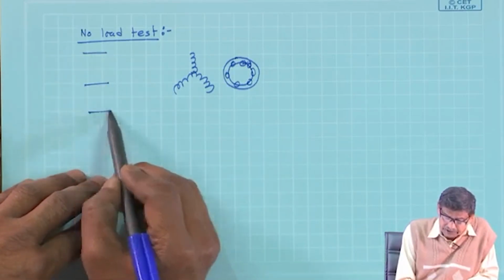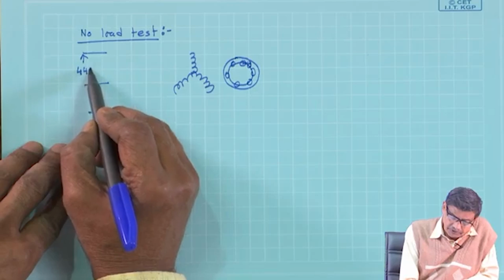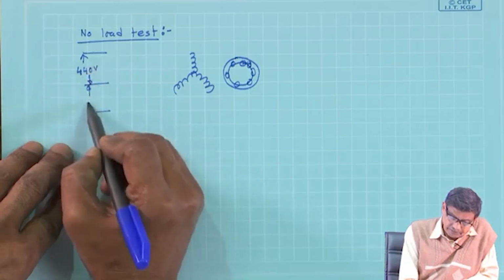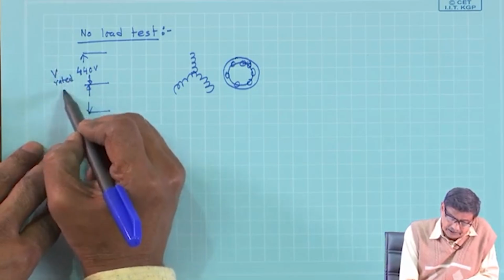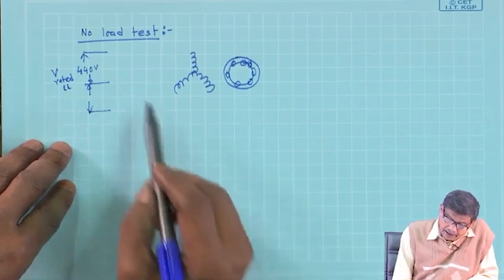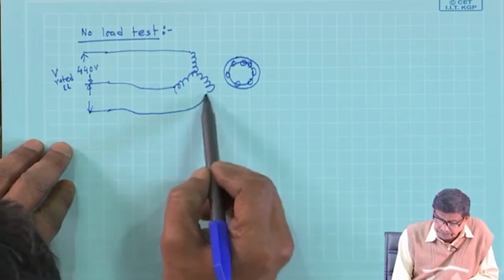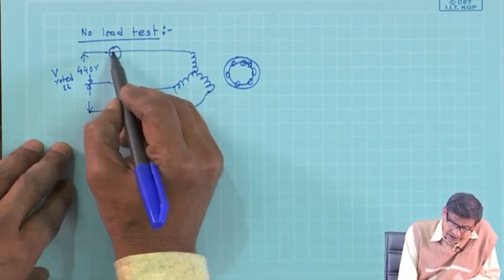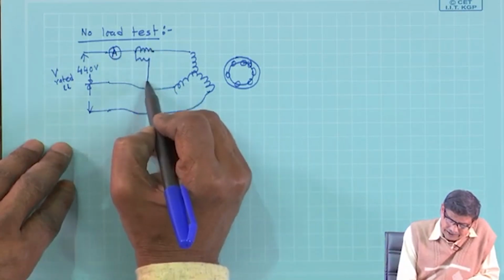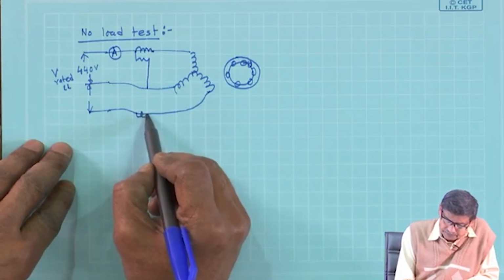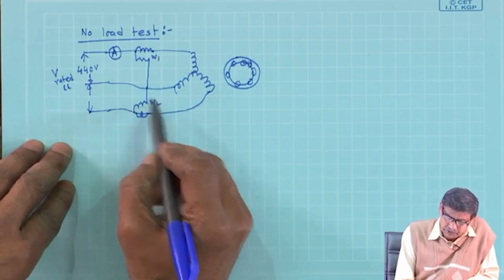Under no load condition, you apply the full rated voltage, that is 440 volt line to line, V rated line to line, and give supply to this, and record the ammeter reading, and connect two wattmeters, and W1 plus W2 gives you the total input power.